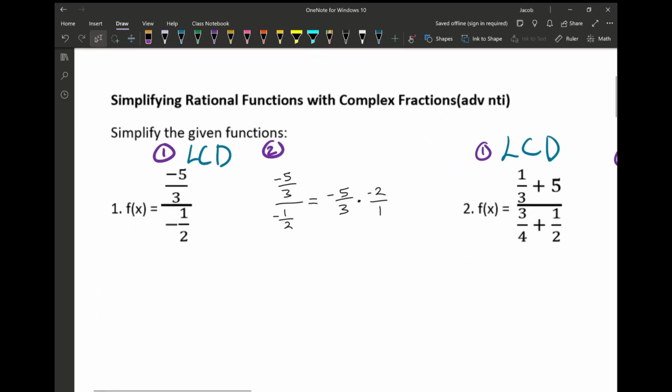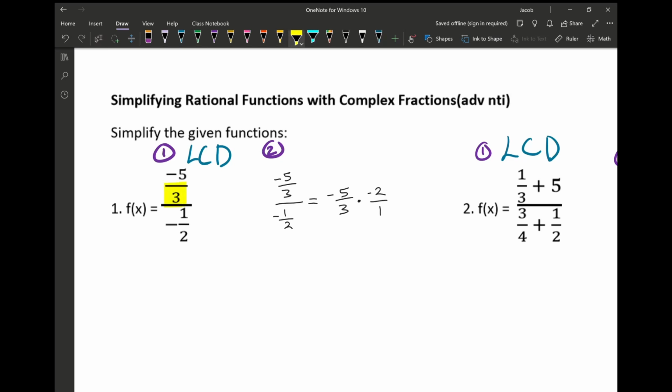And the first one is split up, and I've copied it so that we can look at 2 different ways to simplify it. So the first way is finding the least common denominator between these 2 fractions.